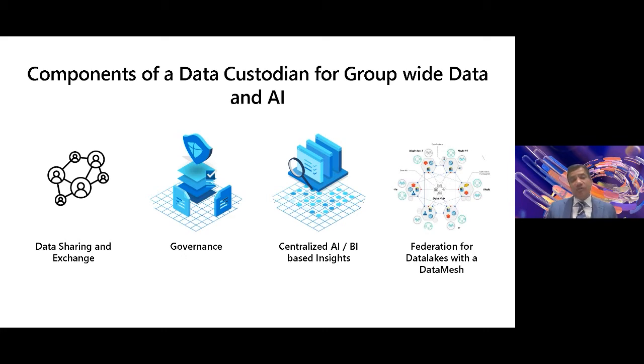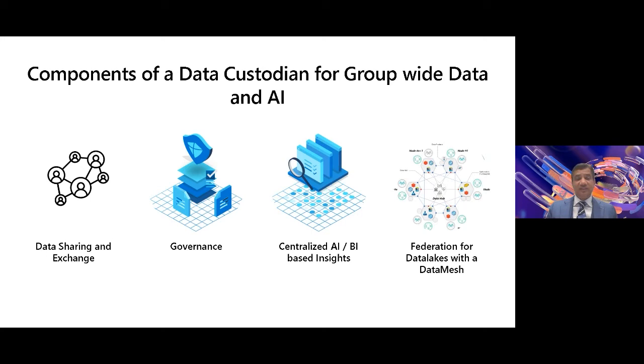And there are 4 different components that we see are absolutely critical. One is around the data sharing and exchange. And this could be cross business unit data exchange. It could also be cross organizational data exchange. The second absolutely critical piece is about how do you govern the centralized data custodian itself.